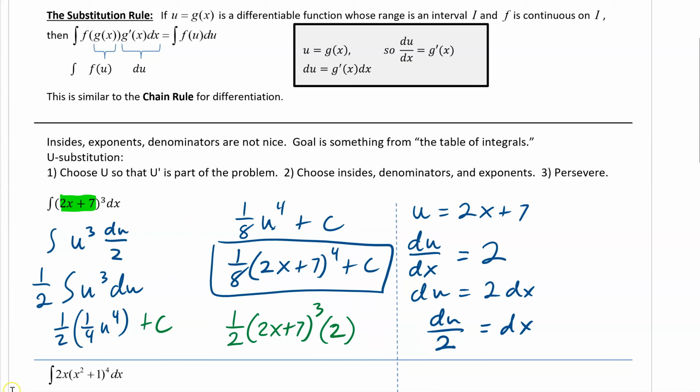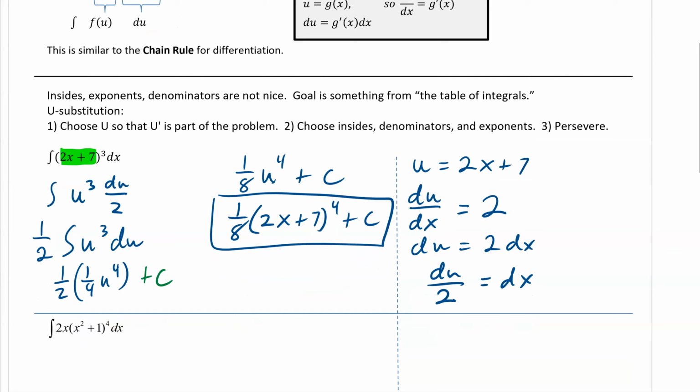It's working in reverse. So you see this half being here, that when you take the derivative, that becomes 2. The 2 and the half cancel, because that's what we knew would have been formed to begin with. So finishing our check, they cancel, and we end up with 2x plus 7. Checks out perfectly. So now we can erase it, so we don't want that to be part of our answer, and there we go. So let's try it again.